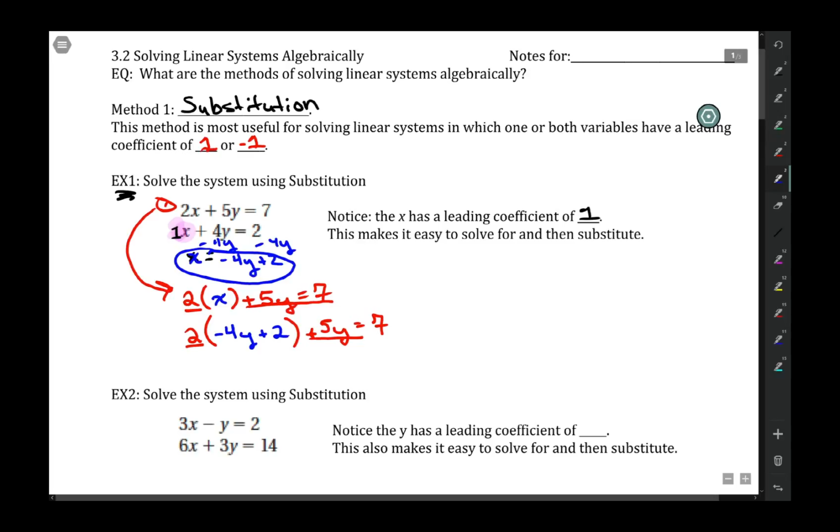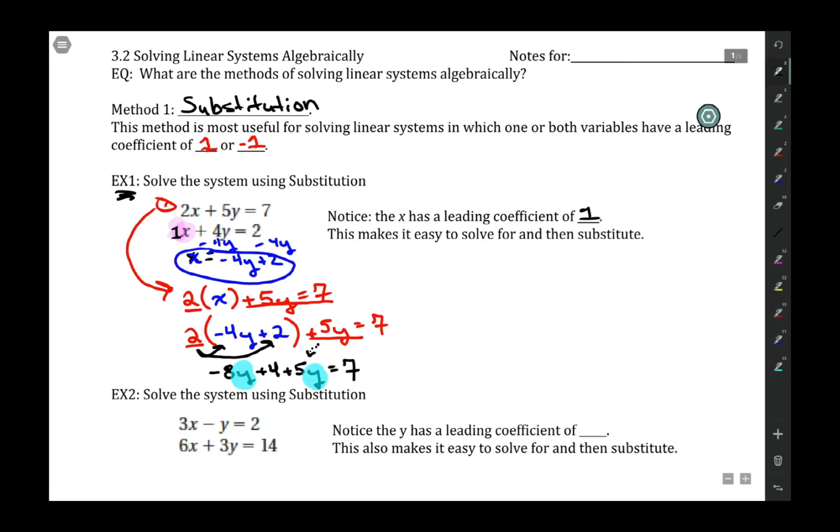The big thing here is to remember to distribute the 2 to everything inside. So 2 times -4 is -8y plus 4. And then don't forget about this 5y at the end, equals 7. Now if you substituted right, you're just going to have one variable. Notice we got rid of the x's. We just want all y's in there for right now.